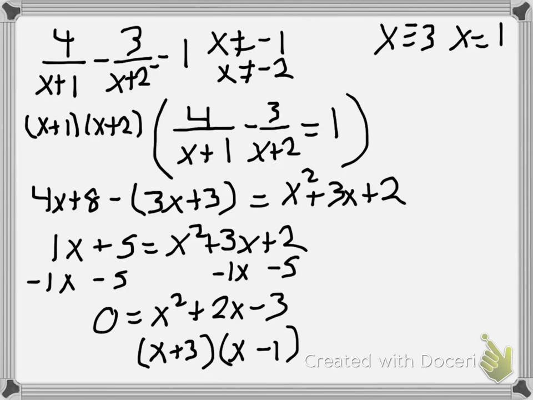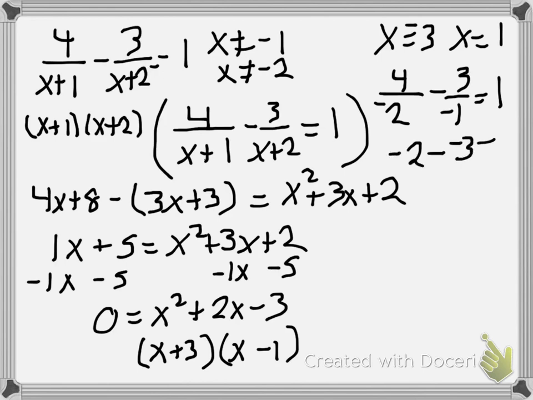So I've got 4 over negative 3 plus 1 is 2, negative 2, minus 3 over negative 3 plus 2 is negative 1, should equal 1. Well, 4 divided by negative 2 is negative 2, minus negative 3 equals 1.